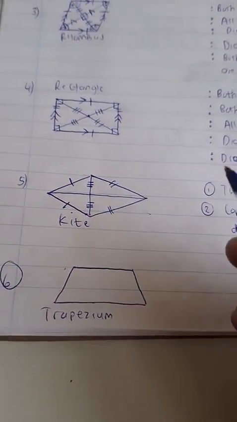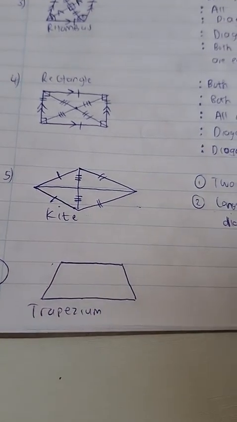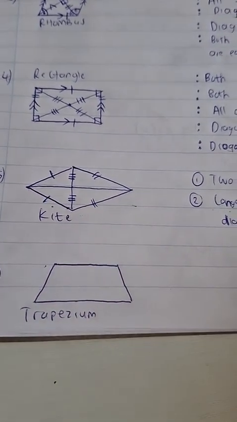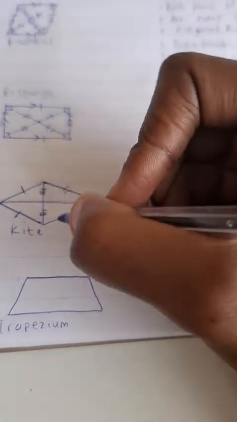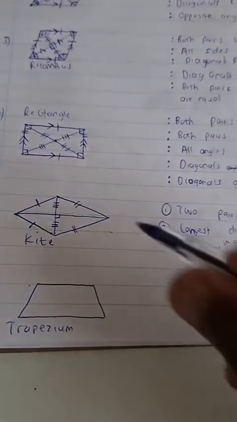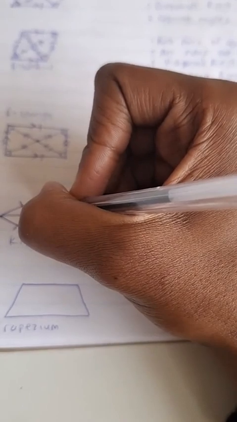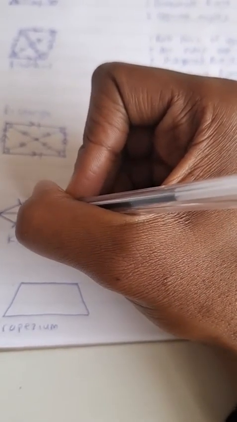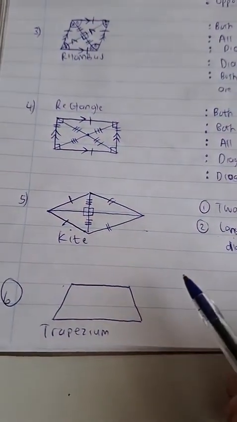And it says they bisect such that they are perpendicular. What does that mean? It means that's 90 degrees. So that means we have 90 all the way around, if that makes any sense.